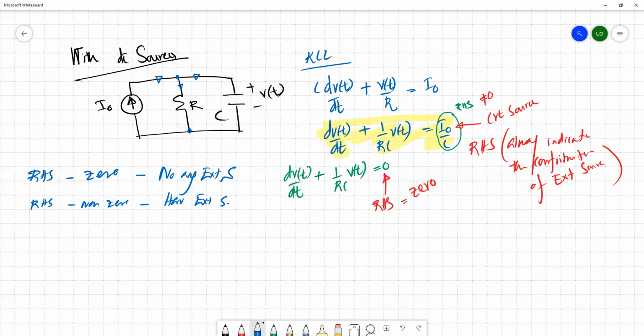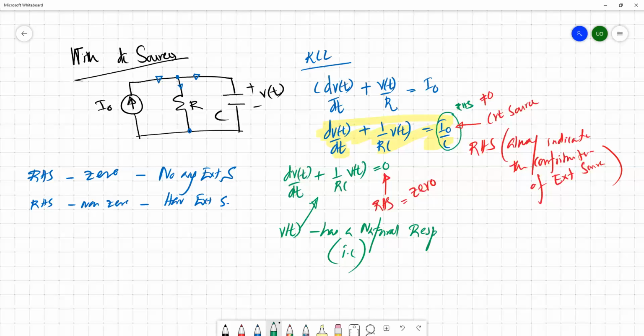Then we discussed a scenario where we don't have external sources. For this case, we found that this particular v(t) has a natural response. Natural response means the contribution of initial conditions.